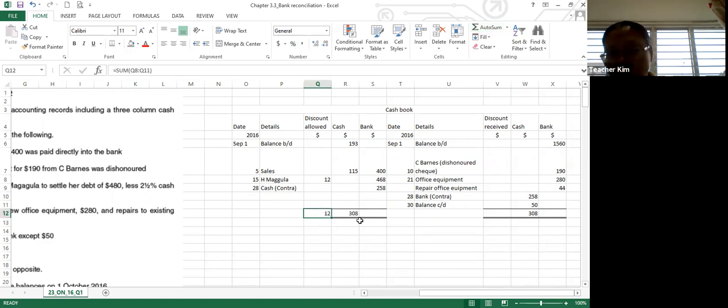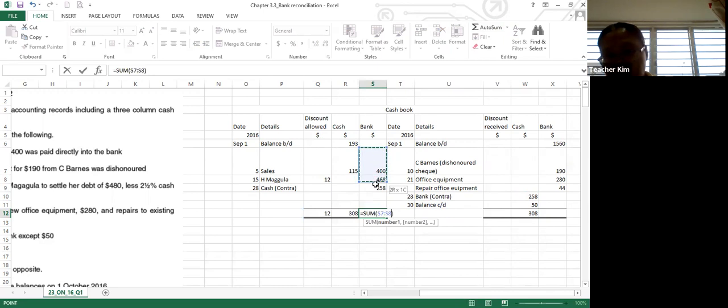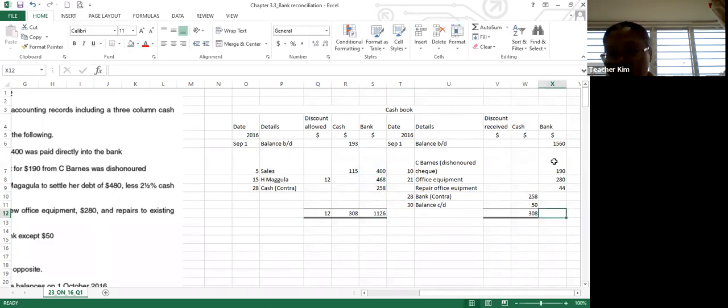So from all this, now we start to calculate the balances. This is 12, this is 0. No need to put anything because there is nothing on the credit side. Whereas here, total debit is 11, but here the total credit is 20. So this credit is more than the debit. In this case, the balance carry down for the bank is still on the credit side, so minus.